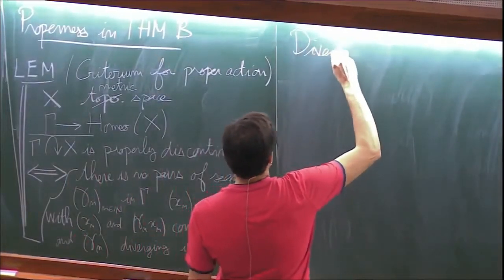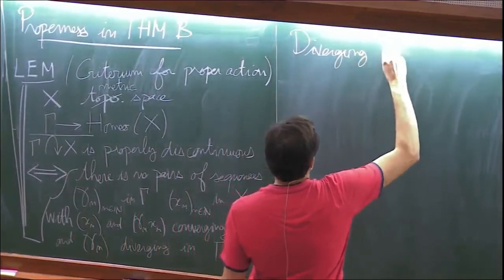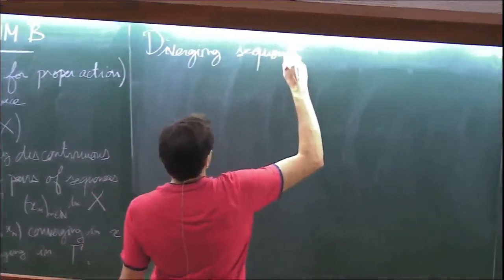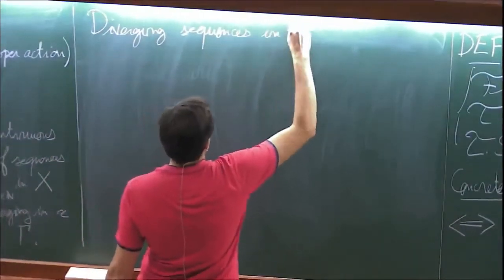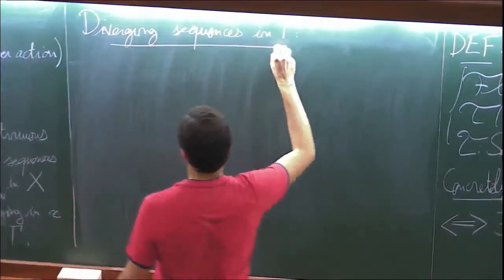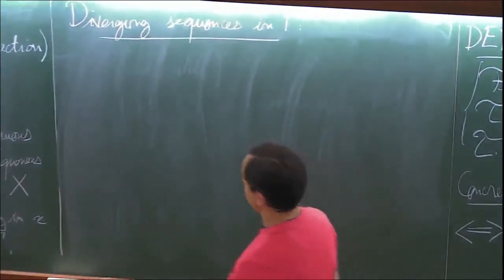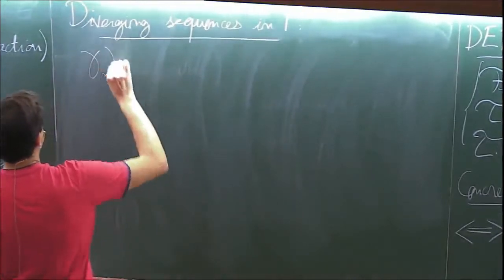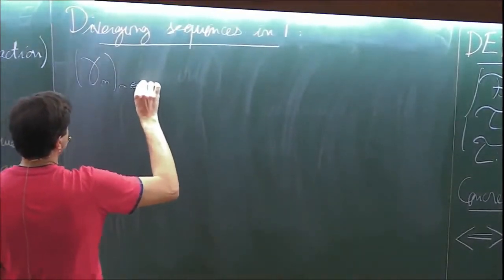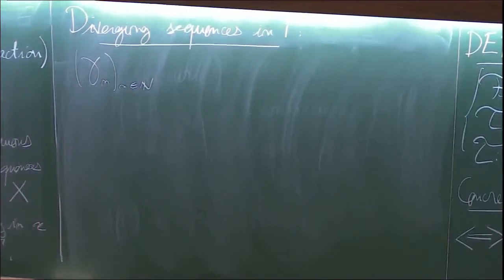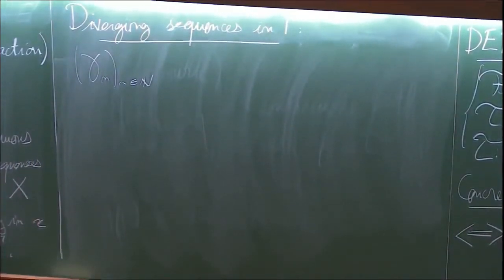So how do I get control on diverging sequences in gamma? I have gamma n, such a sequence, and I will use the Cartan decomposition for gamma n, and maybe I will use it narrowly for O(p,q).